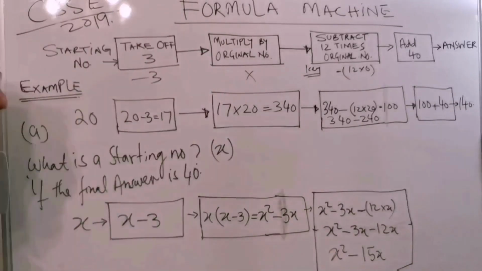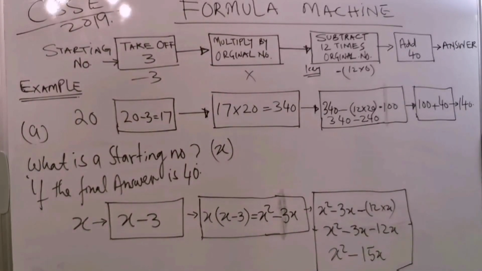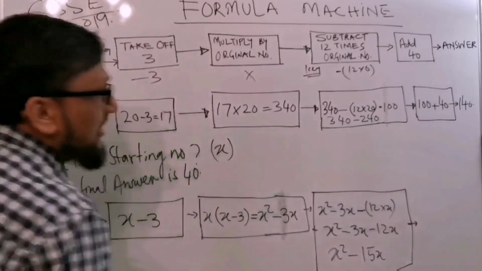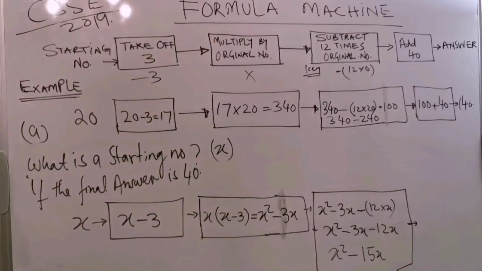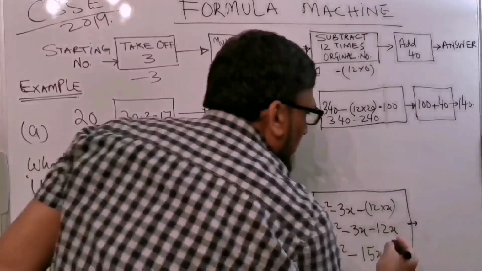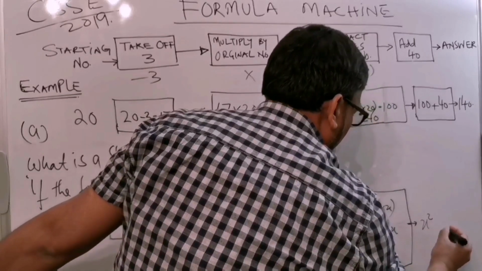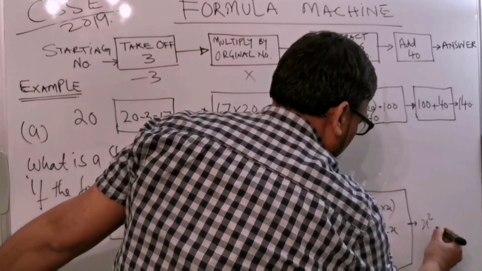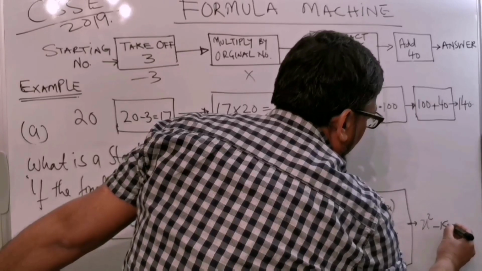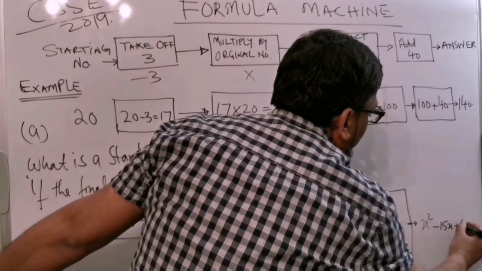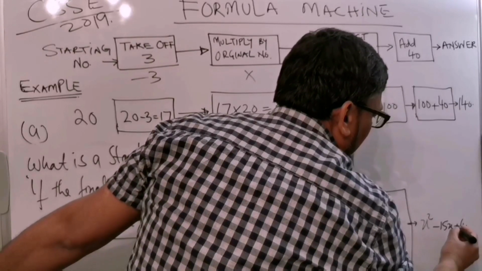After that it says you need to add 40. So what we are doing is x square minus 15x plus 40.